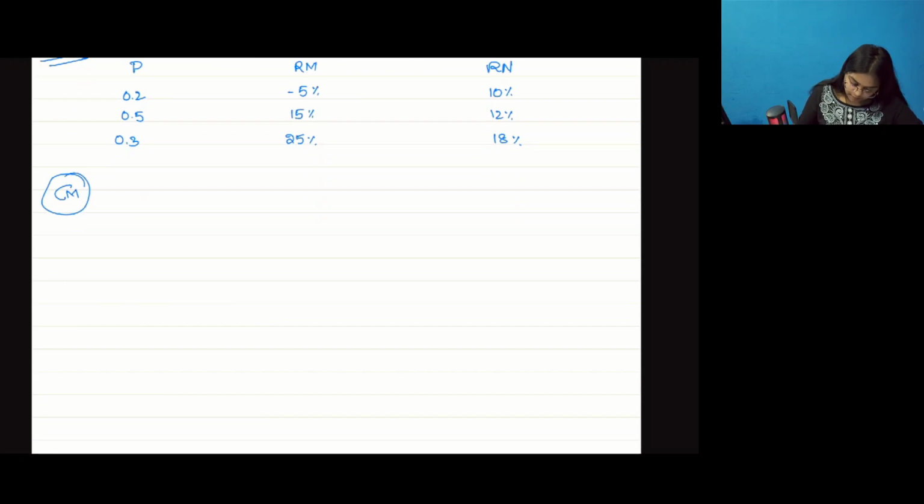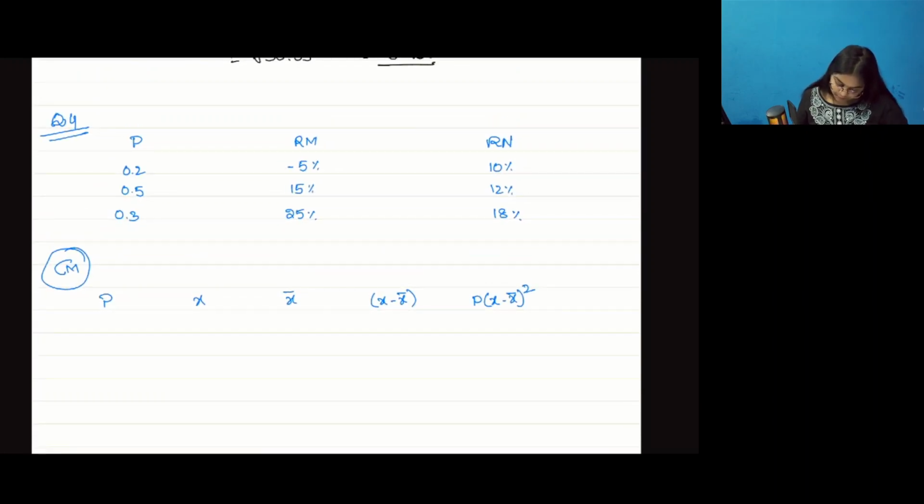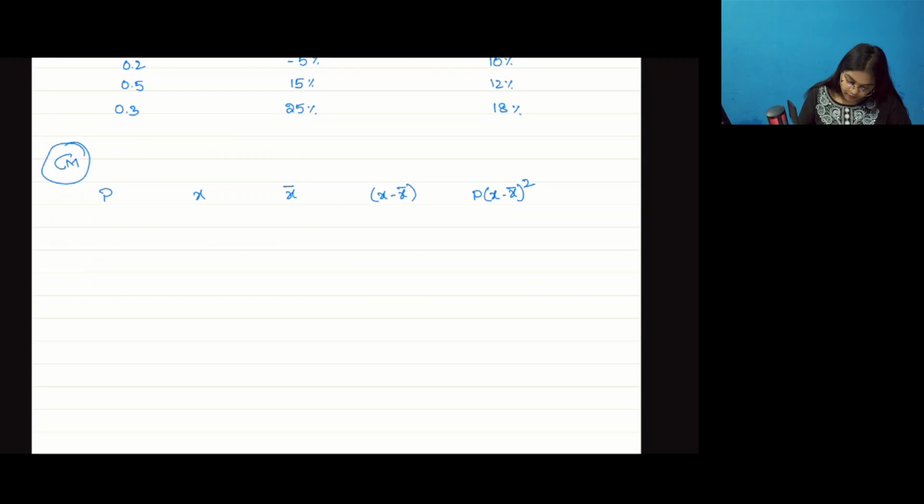To calculate sigma m, we have to take probability, x bar, x minus x bar, and p into x minus x bar whole square. But before that we have to calculate return of m and return of n.